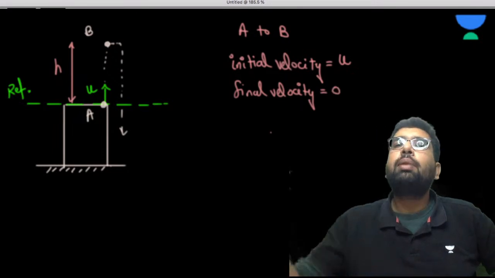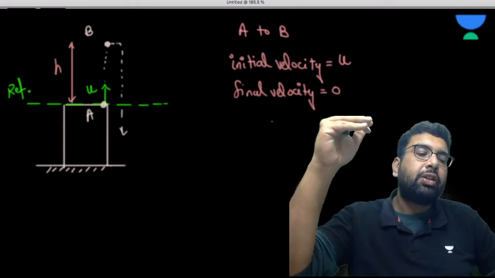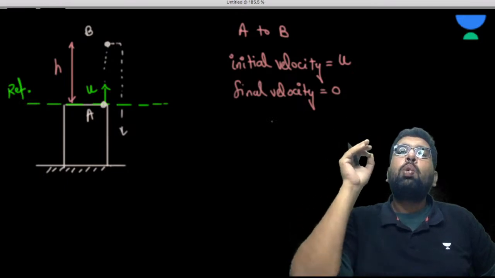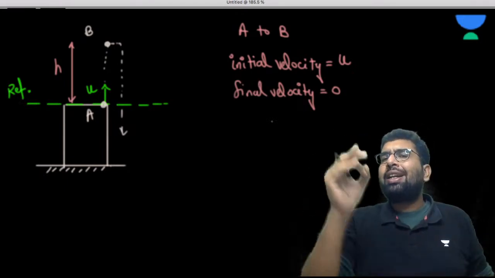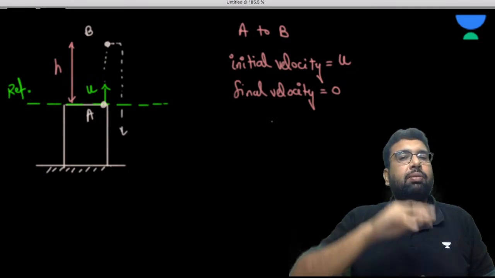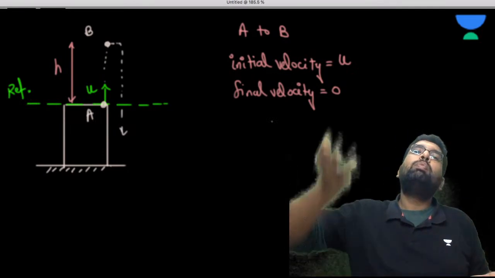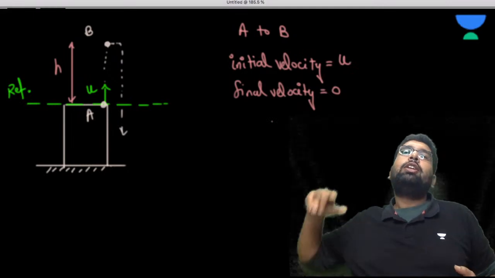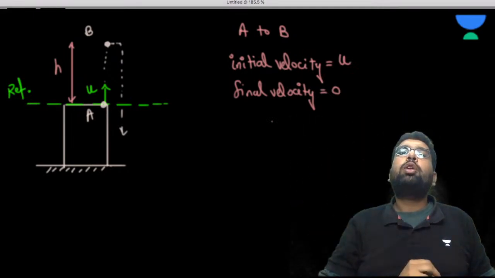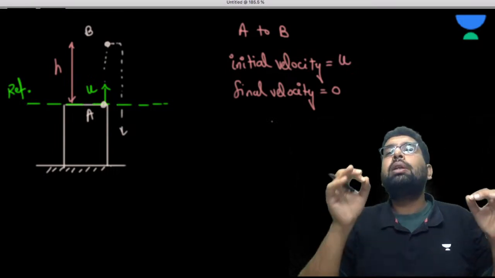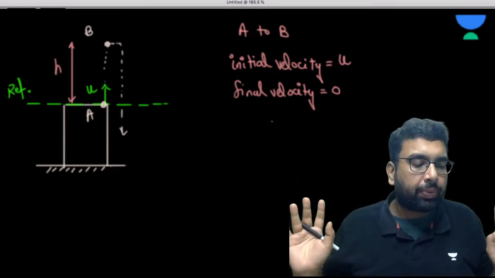It is zero because at B, at the moment it reaches the maximum height, it will momentarily come to a stop. If it did not stop, it would have been moving upwards further. See, you have thrown a body upwards, so it has stopped at some point of time. That means at that moment, its velocity becomes zero. Yes or no?